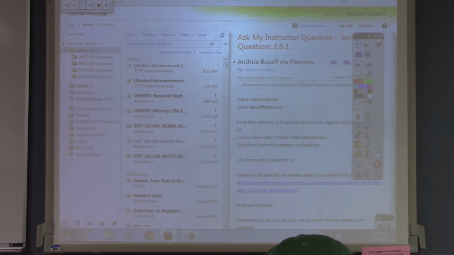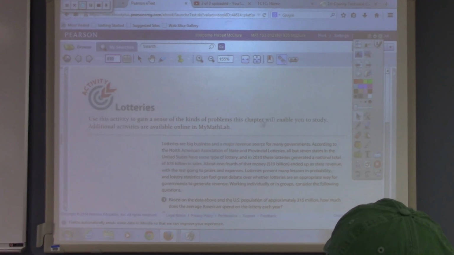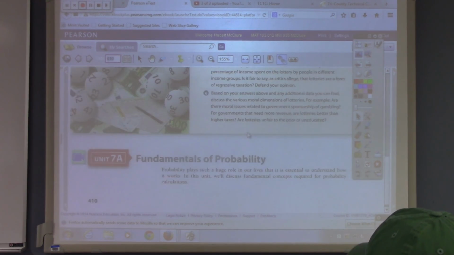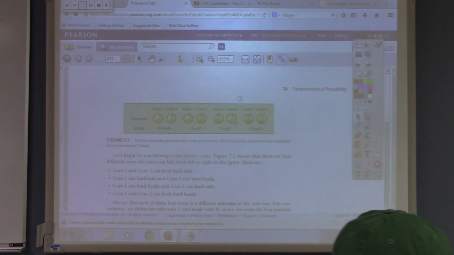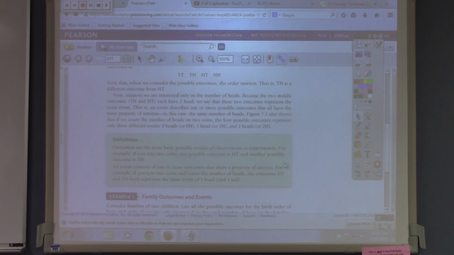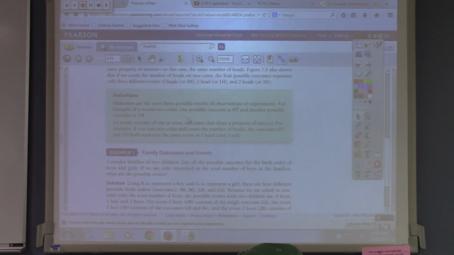All right, well, let's get started on the next unit. The next unit's on page, when does chapter 7 start? 410. Chapter 7 should be talking about probability. Make sure you know the definitions in the green box on page 411.